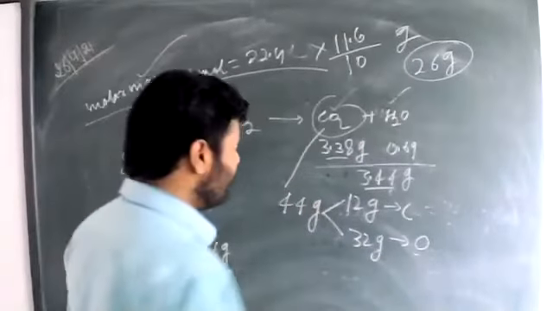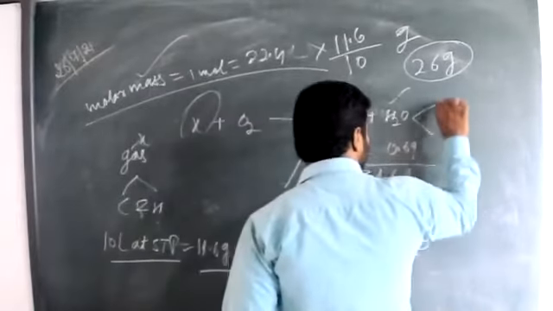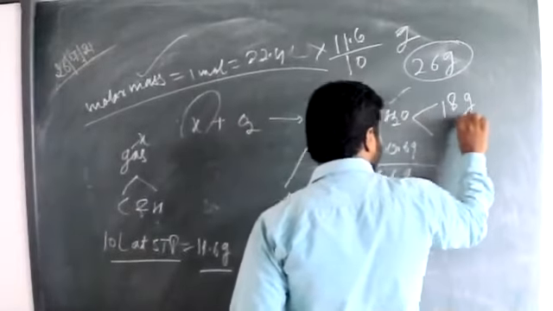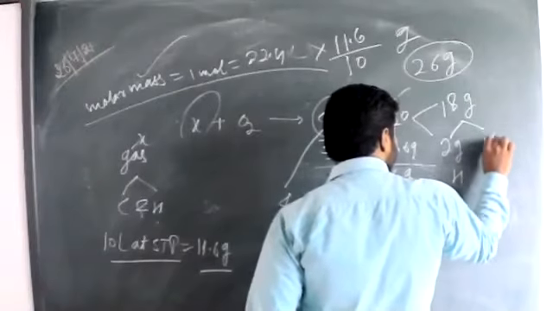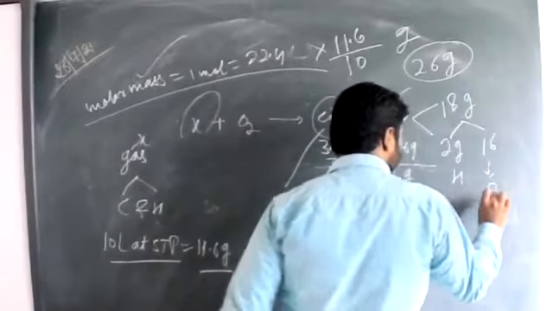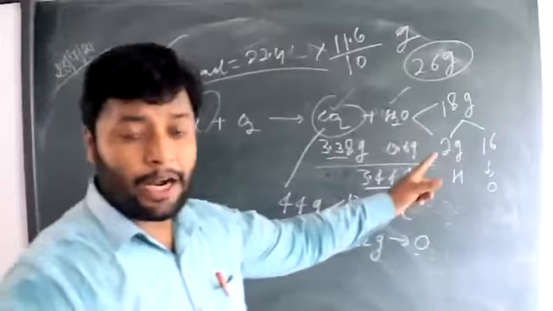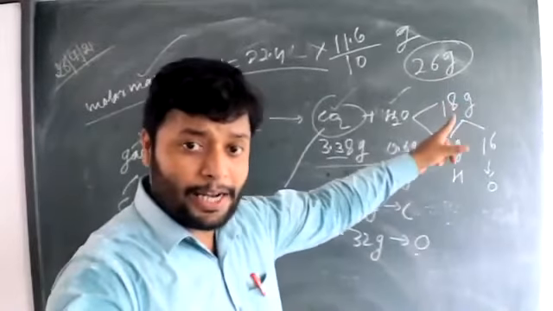Same way, in water, 18 gram gives you 2 gram hydrogen and 16 gram oxygen. So just take out the percentage of oxygen here also.